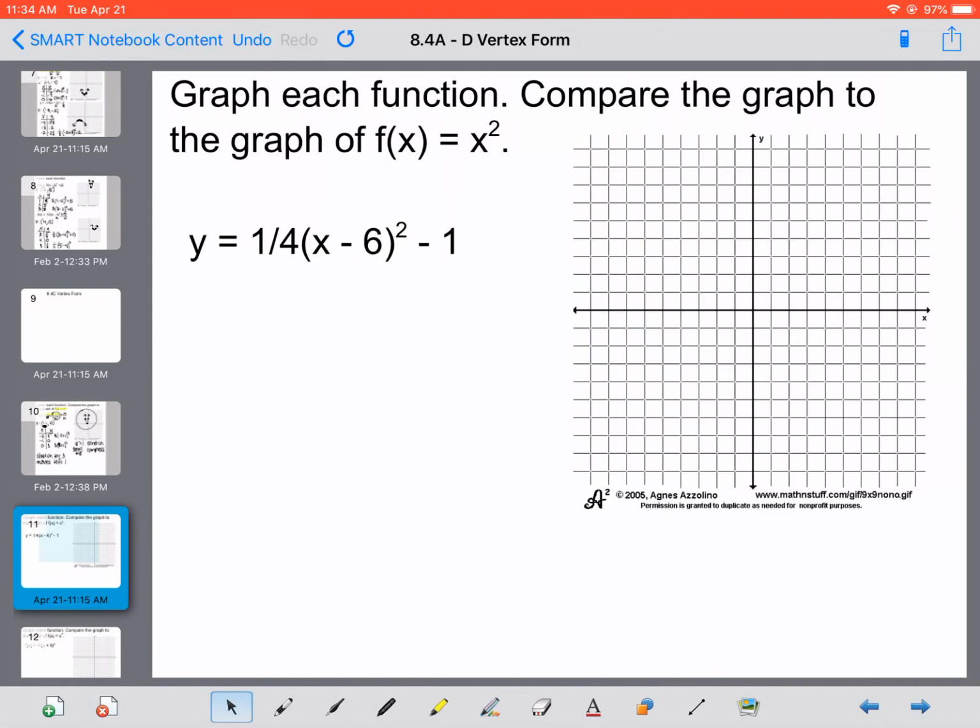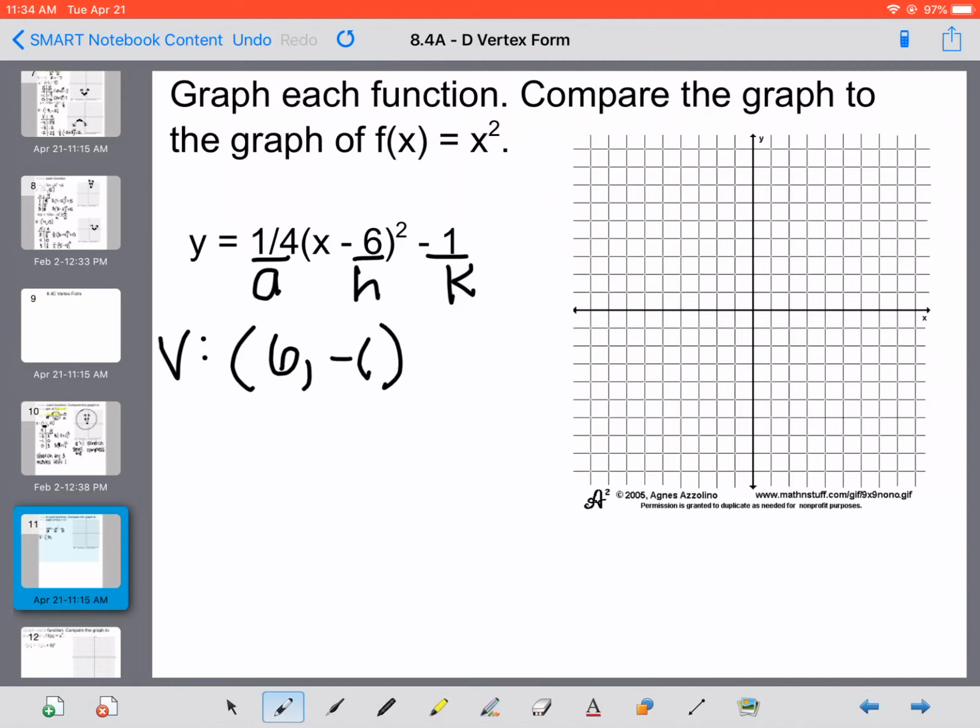Okay, so it says graph the function and compare it to the parent function, x squared. So again, we need to find our h and our k. So this is h, this is k, this is our a value. So our h says -6, which means h is going to be a +6, and then k is a -1.